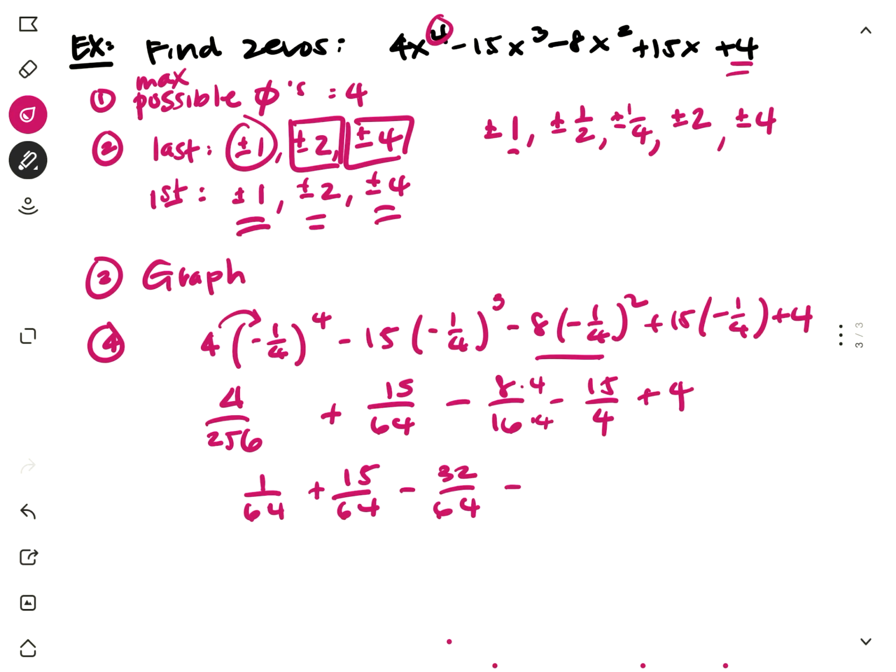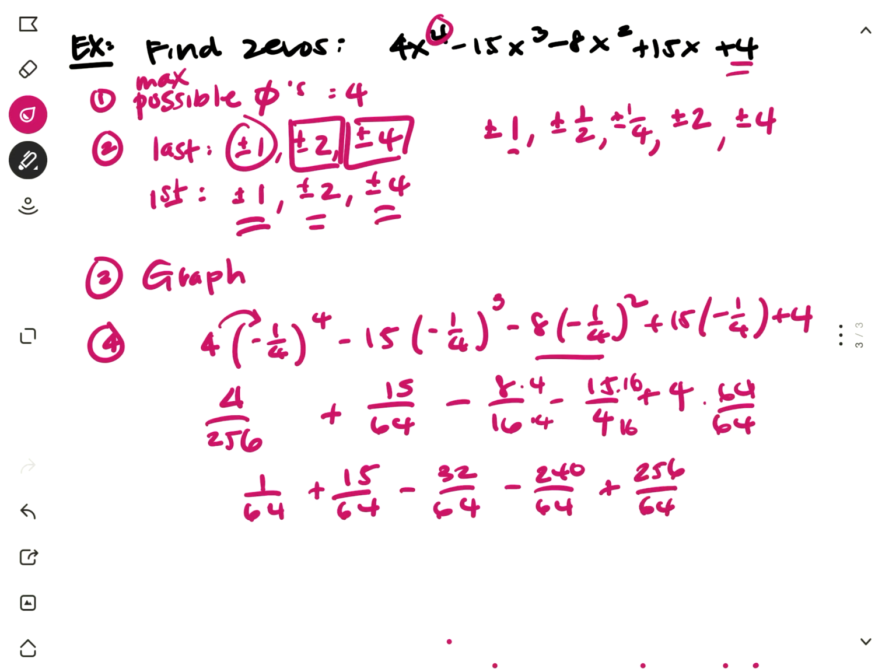And then I'm going to have to multiply 15/4 by 16. 15 times 16 is 240, so 240/64. And then we'd have to do 64 over 64 for that 4. So 4 times 64 is 256 over 64.